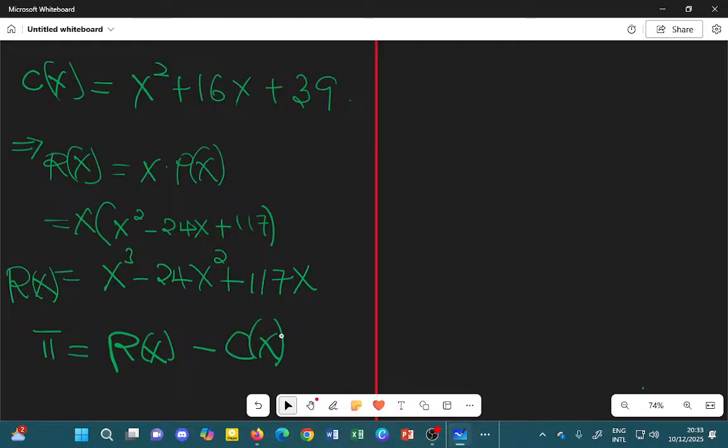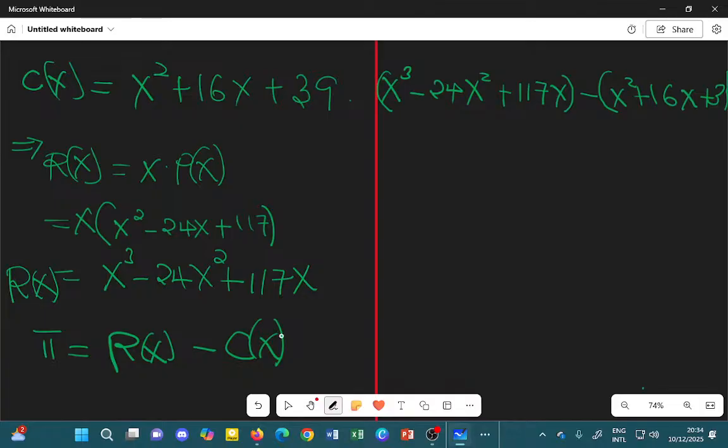So what I'll be doing is saying x cubed minus 24x squared plus 117x, the whole of this, minus x squared plus 16x plus 39.